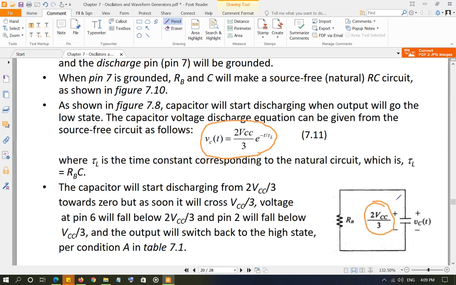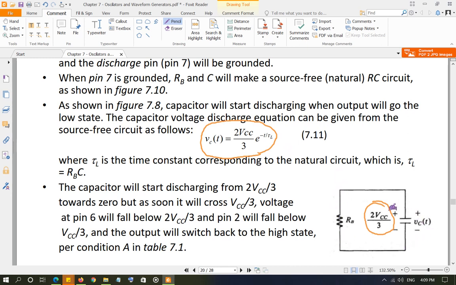So this becomes a natural circuit, and for this natural circuit, whatever charge the capacitor has accumulated, it starts dissipating that charge through resistor B. And we know that the natural circuit expression for the capacitor voltage is VC(t) equals the initial voltage times e to the power negative t over tau, where tau now is tau L for the low time, because this time constant is different than the high time constant.